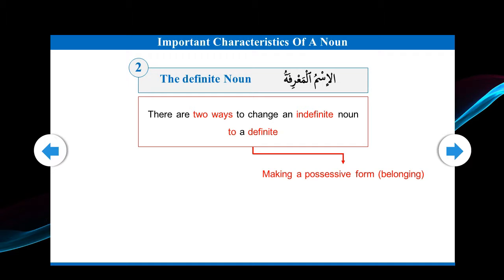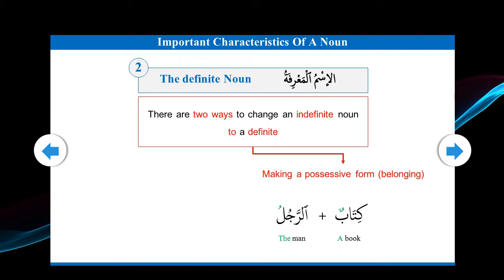The second way is to create a possessive form, belonging. Take this example, Kitabun, a book. To make this noun definite, we can belong it to another noun.